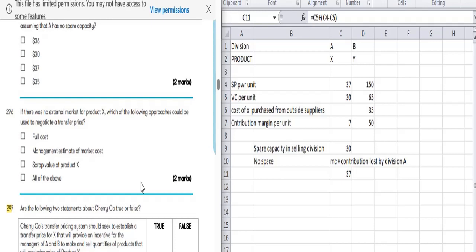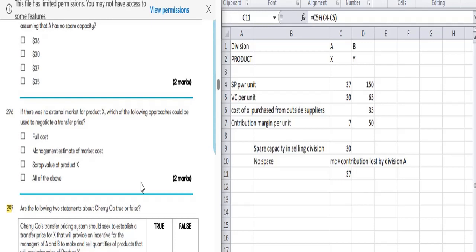But if there is no external market for the product or service, we move to the cost based approach, where the transfer price could be calculated using either the full cost or marginal cost. But be sure we take the standard cost, not the actual cost.